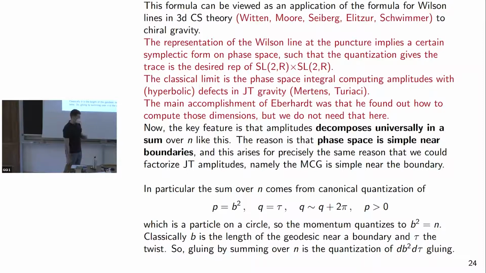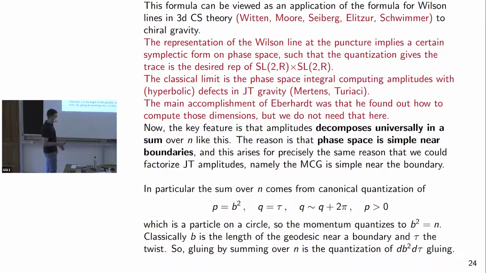And the reason is again simple, namely that these amplitudes in gravity are computed by quantizing phase space basically. But the phase space is just the thing that you're integrating over in the JT path integral. So it's a space of Riemann surfaces with punctures. And there again, you have this property that the difficulty is really dealing with the mapping class group, but because that acts simply near the boundary, this quantization will also be simple near boundaries, and you'll still have this decomposition property.